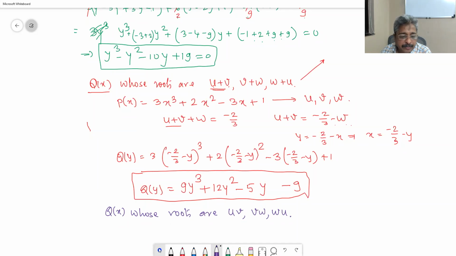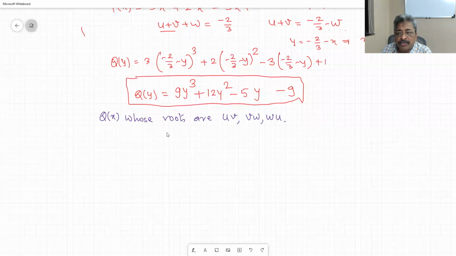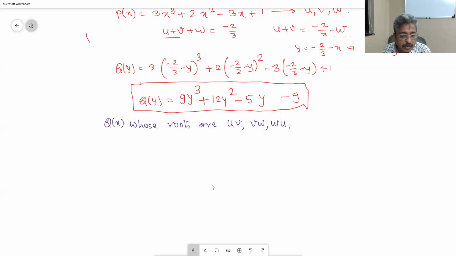Let us solve together. Now, of course, you are so wise that the hint for this is the product of the roots is known. Therefore, product of the roots, that is u into v into w, is equal to minus 1 by 3.